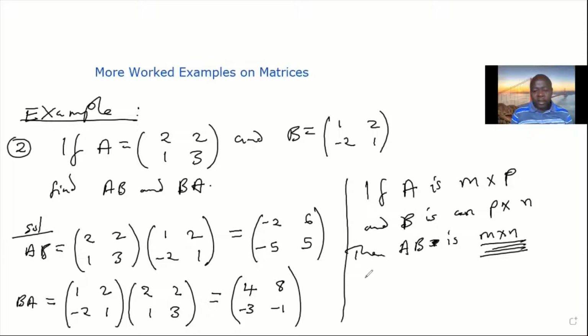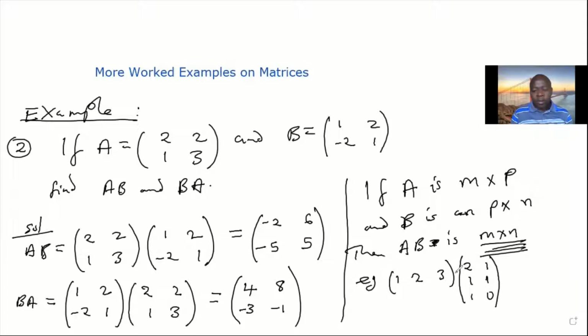And we did that last time. We did an example. For example, if I'm given 1, 2, 3, and I'm multiplying this by 2, 1, 1, 1, 1, 0.